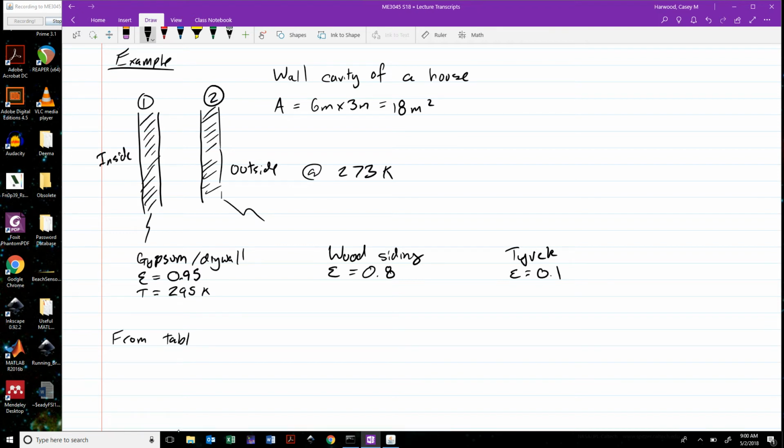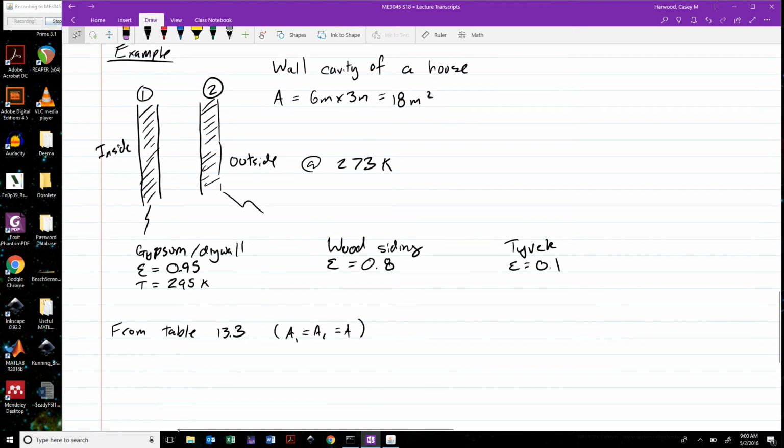From table 13.3, with A1 equal to A2 equal to A, meaning the surface area of the inside wall is equal to the outside wall, we would find that Q12 simplifies to A times sigma times T1 to the fourth minus T2 to the fourth, over 1 over epsilon 1 plus 1 over epsilon 2 minus 1.